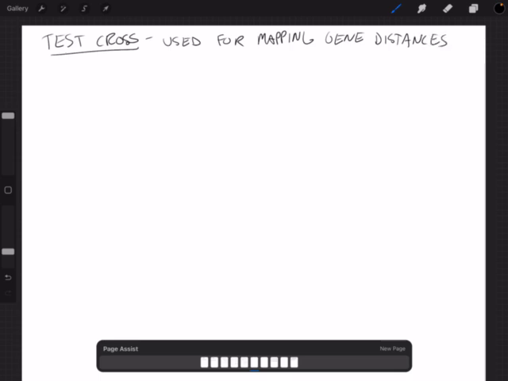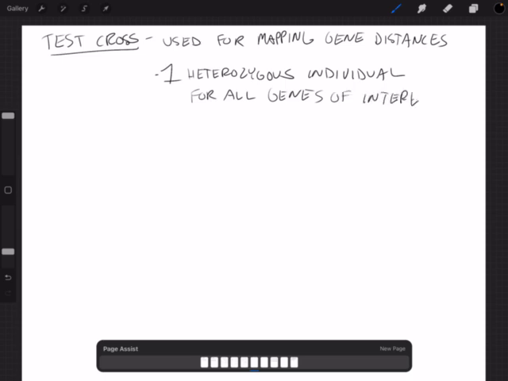The test cross is composed of one heterozygous individual for all genes that we are discussing, in this case usually 2 or 3 genes of interest, and they will be crossed to one individual that is homozygous recessive for all genes of interest.